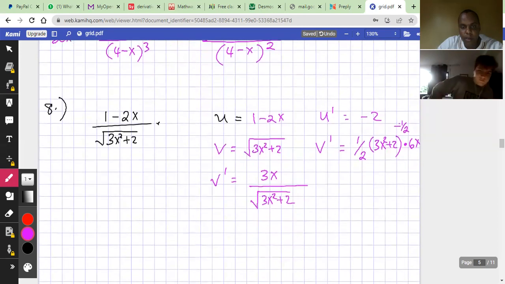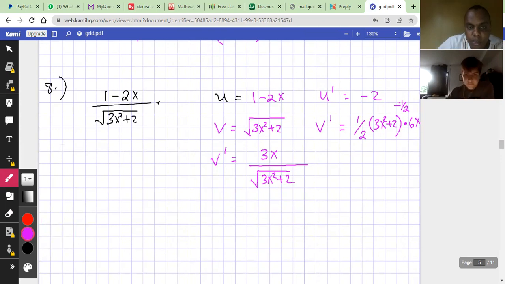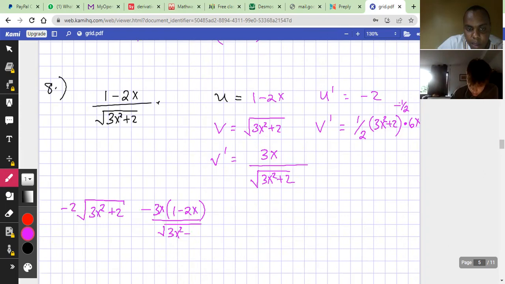So we use the quotient rule. So it's going to be v, the square root of 3x squared plus 2, multiplied by u prime, which is negative 2, minus u, which is 1 minus 2x, multiplied by v prime, which is 3x over the square root of 3x squared plus 2.